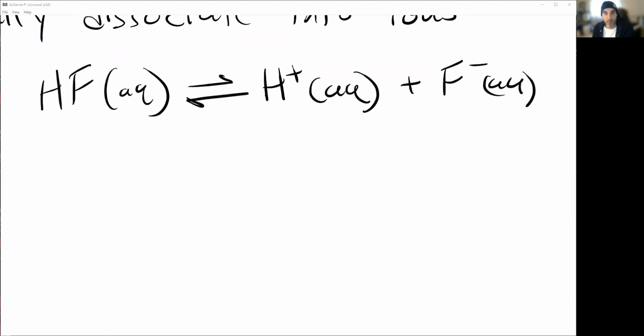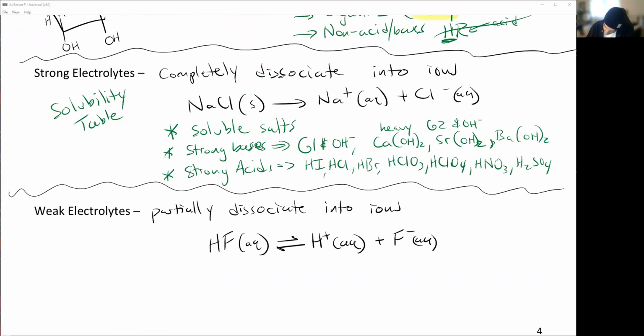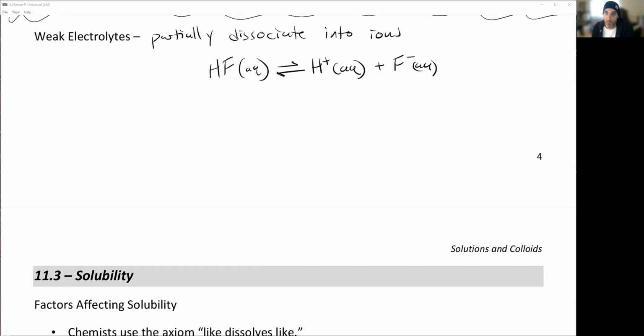So before we continue and talk about the list, this is what it dissociates into. When I say complete dissociation, that means 100% of it is ions, 0% of it remains as sodium chloride solid. When I'm talking about the weak dissociation of HF into ions, I'm talking about 95 to 99% of it is ions, and like 5% of it is HF.